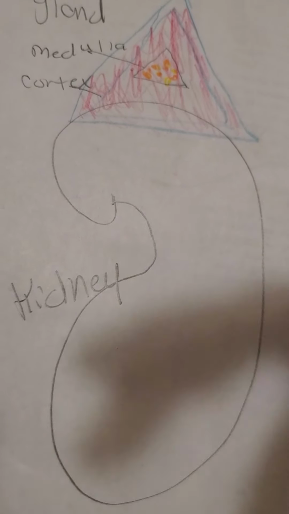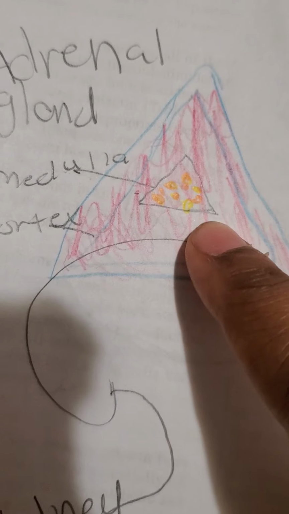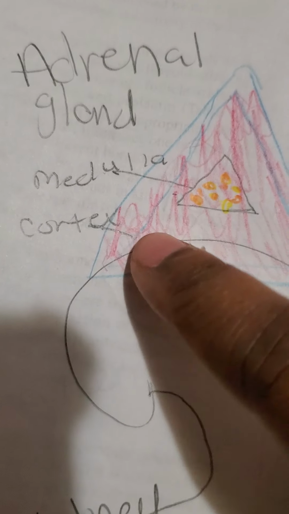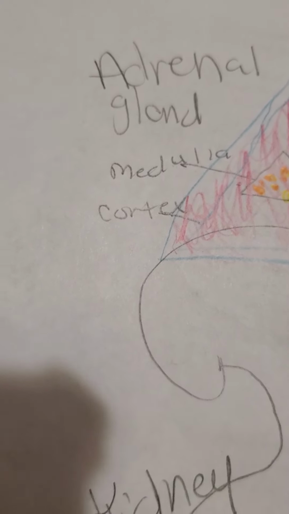It is a part of the sympathetic nervous system. So here is the adrenal medulla, and the cortex is the other, outside blue line. And the cortex forms the bulk of the gland, the glandular tissue from the embryonic mesoderm.